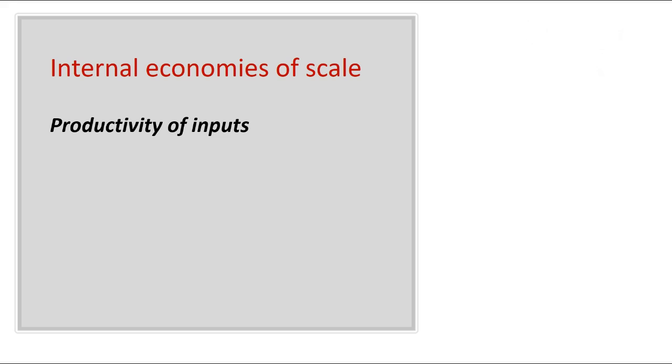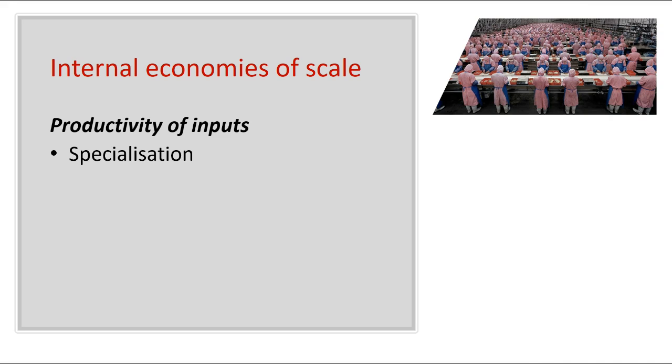That is, each of the inputs is able to produce more than it could before. The output relative to inputs increases. Why would that be the case?